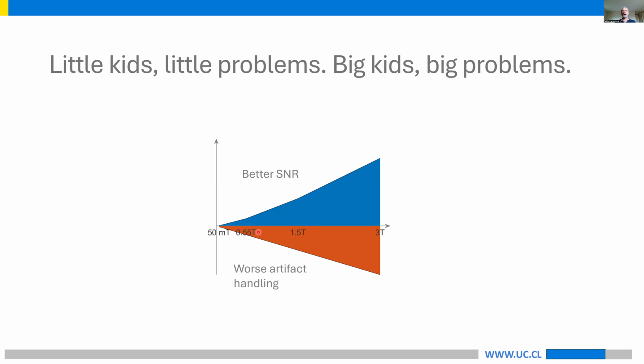So in red, you have the disadvantages of a big field. So here there is a compromise that you have to make between the blue and red, so to say. So what I like to say is, I don't know if somebody here is a parent, but little kids, little problems, big kids, big problems.